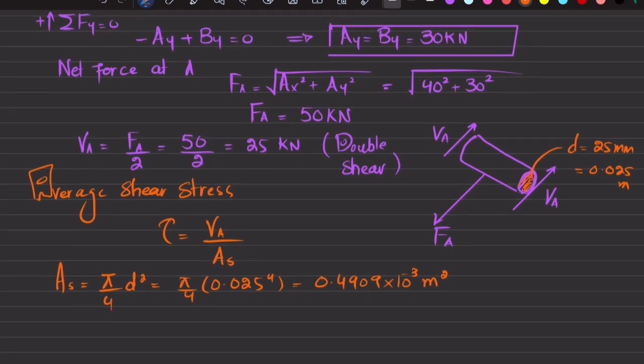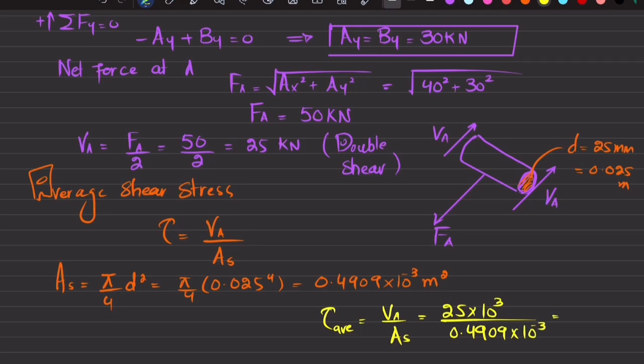Now you have V and you have the area, so you can just put over here that average shearing stress is equal to VA divided by shearing area. Clear? VA is 25 kilonewton. So 25 into 10 raised to power 3 Newton divided by shearing area, 0.4909 into 10 raised to power minus 3.